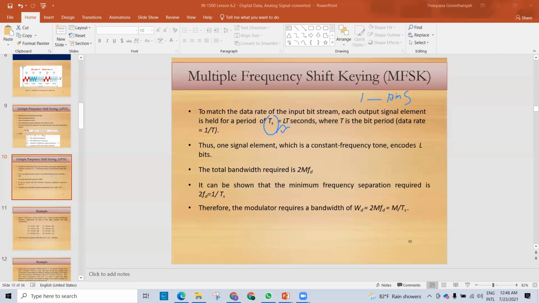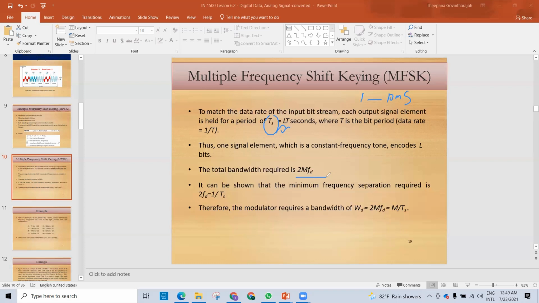And the total bandwidth required is 2MFD. As I have already mentioned, M means the number of different signal elements. If we are transferring 2 bits using one signal element, then 4 different combinations are possible.